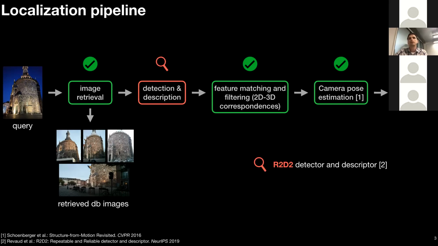We would like to make our local keypoint detector and descriptor more robust to different lighting conditions and very challenging conditions. We are experimenting with the R2D2 model, but the ideas presented in this work can be applied to any other learned keypoint detectors and descriptors.